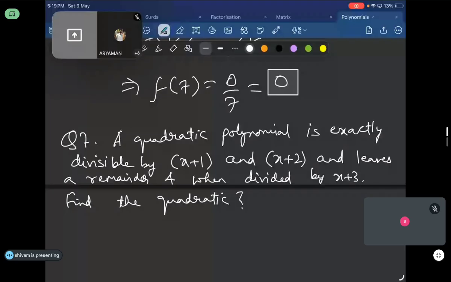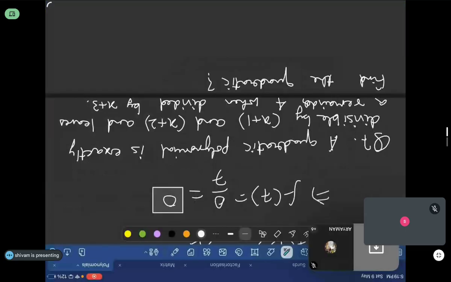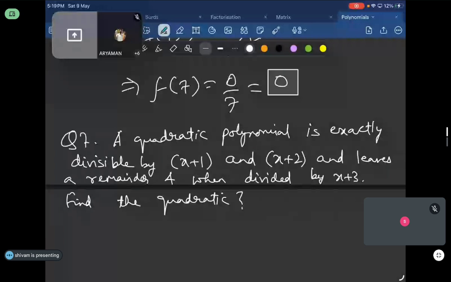Quickly solve, everyone. This one is very simple.